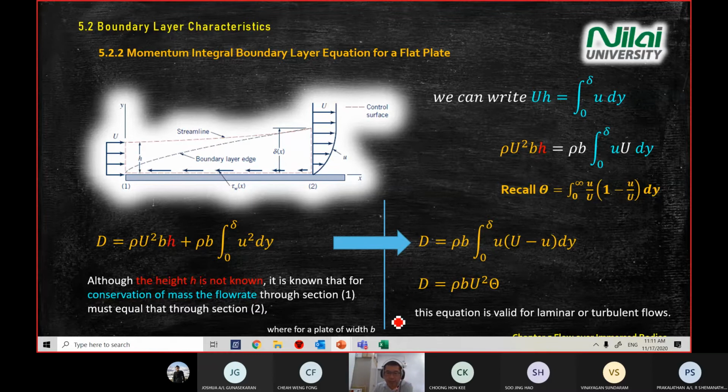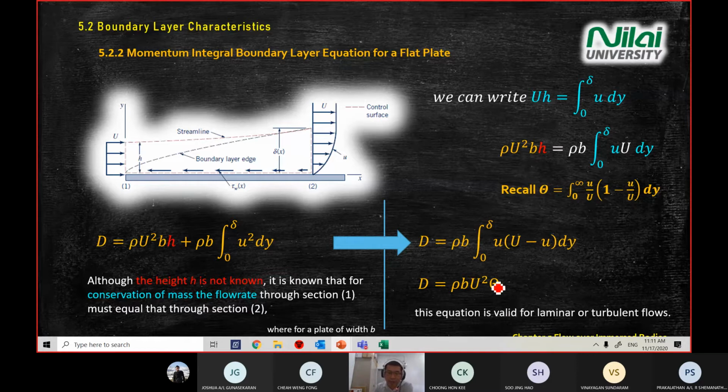Just a remark: D equal to rho b U square theta, the momentum integration boundary layer equation, with this momentum thickness here, is valid for either laminar or turbulent flow, which means it is a general equation if you want to analyze drag.